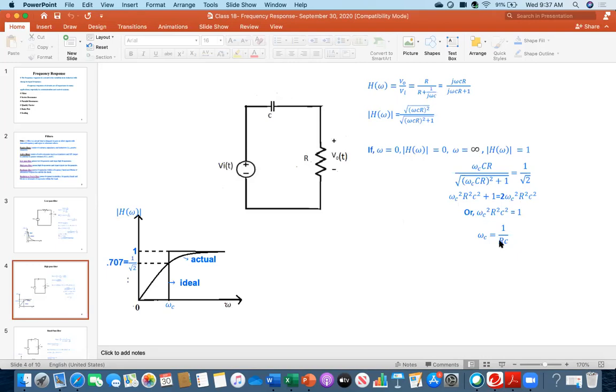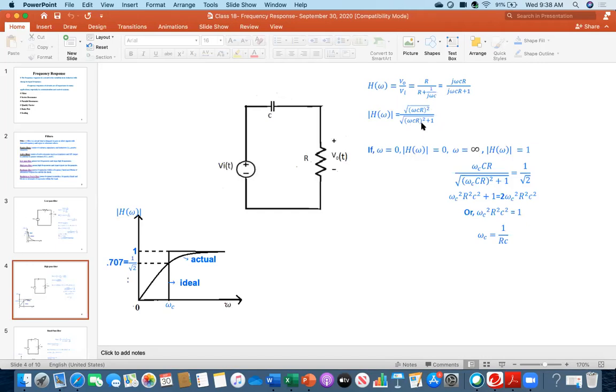So everybody look, ultimately, if you plug in omega c as 1 over RC in the original H omega equation, omega is 1 over RC. So RC cancels, and it is getting 1. So the numerator is 1. And look at the denominator, again you are putting omega as 1 over RC, so that is again 1.